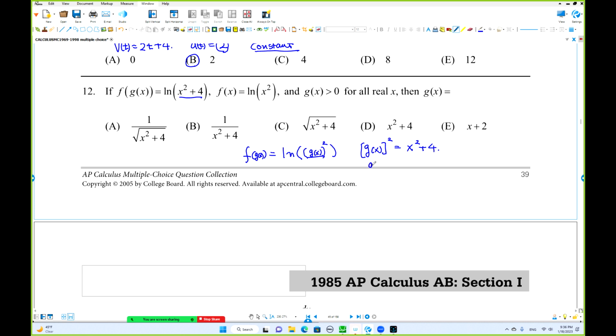So g of x is plus or minus the square root of x squared plus 4. But in this case, g of x is positive. We take the positive number, not the negative sign, so the negative side is out. Still positive: the square root of x squared plus 4. That is the function g of x.